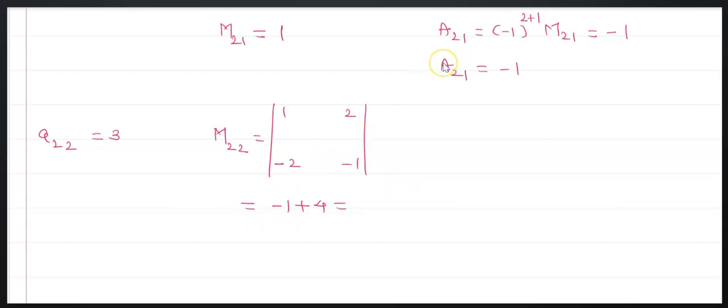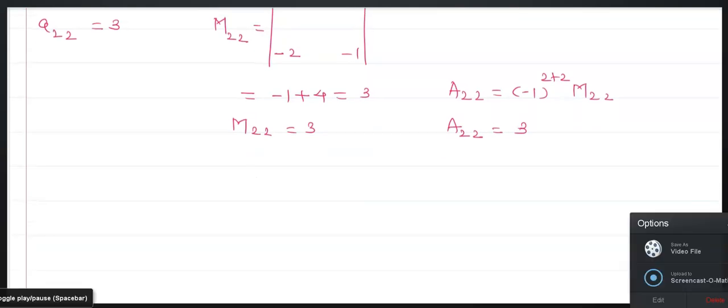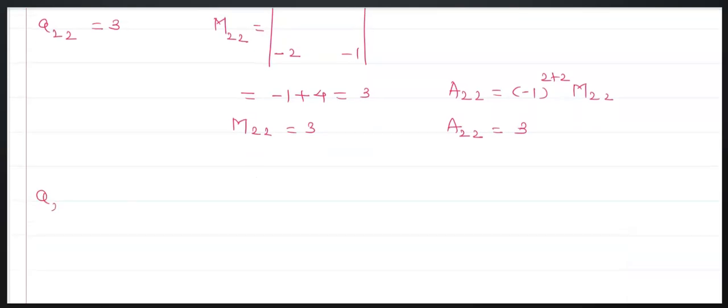You can see this also. That is equal to 3. Therefore, A22 is equal to minus 1 raised to 2 plus 2, M22. That is equal to 3. Overall, it is 3. I will show A22. A22 is 3.